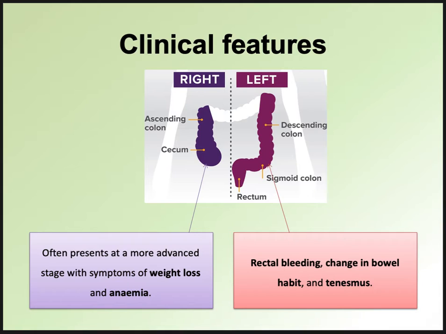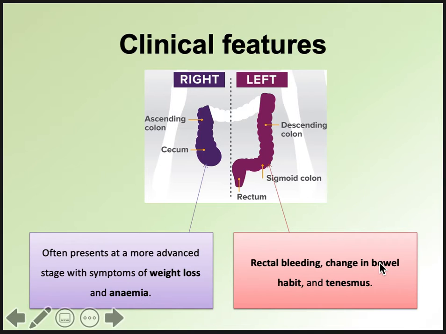In terms of clinical features, they're variable and they depend on the site of the tumor. Symptoms from a primary tumor include iron deficiency anemia and altered bowel habit, and this can range from an increase of loose stool to bowel obstruction and bowels not opening.